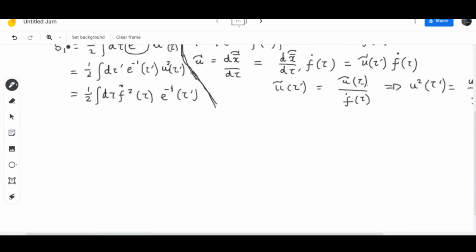Yeah. So here, let me rewrite this. This was a mistake. So I get one f dot from d tau prime. So we begin with this expression and write it in terms of tau. And if we get the same expression back, then we are okay, correct?